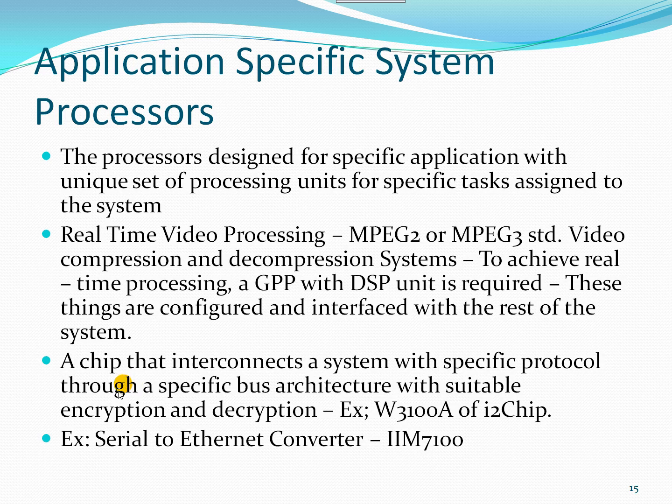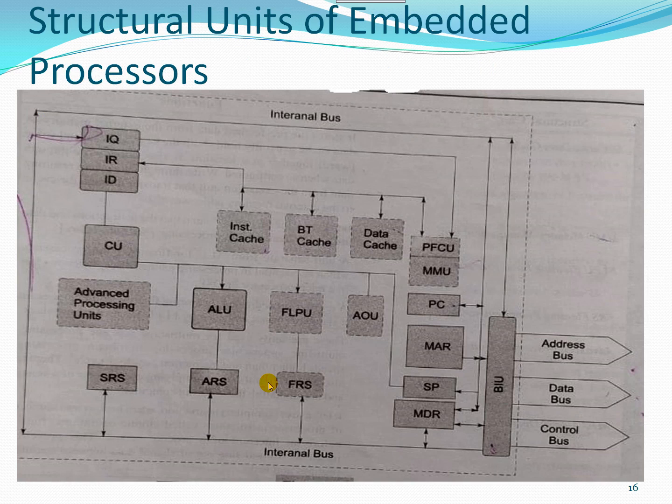Those kind of chips are available in the market too. An example is the W3100A of the WIZnet company, and another one is a serial to Ethernet converter, the iM7100. This is a common, popular application specific system processor that can be used in embedded system design. Thank you.